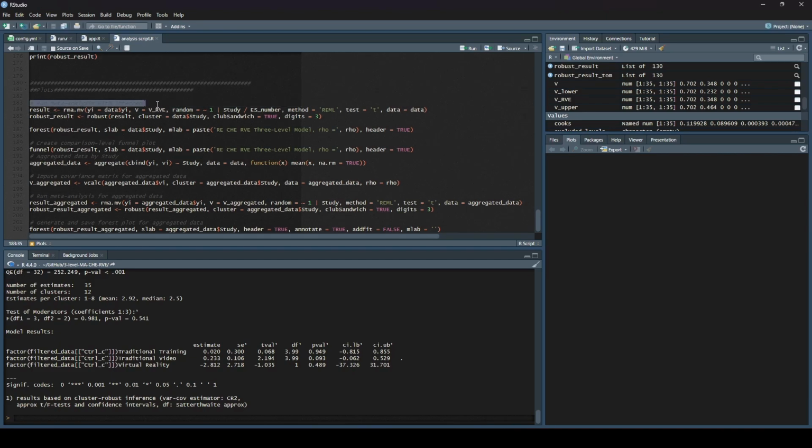So I'm just going to rerun my analysis, and what does this say? Why does this say with intercept? You can see I copy pasted things. I'm going to delete that part because it's not important. Okay, so we're going to run our meta-analysis with CAG and robust variance estimation.